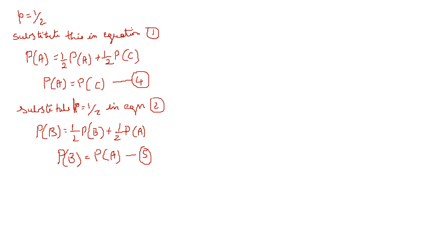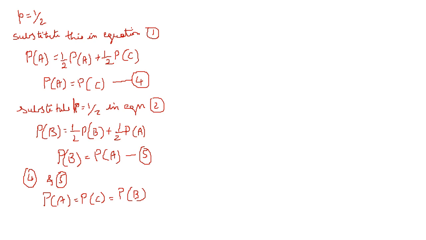Now from equation numbers 4 and 5, we can conclude that P of A is equal to P of C, and P of A is also equal to P of B. So we can write P of A is equal to P of C equal to P of B.